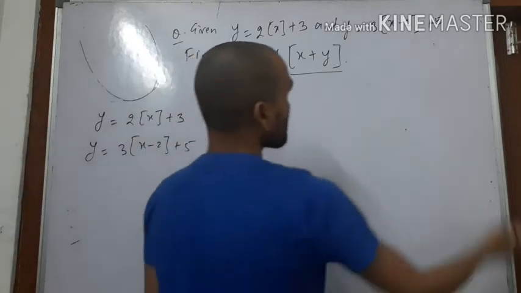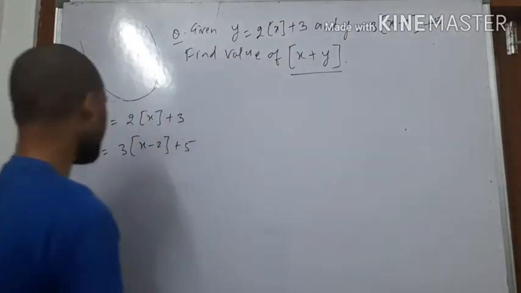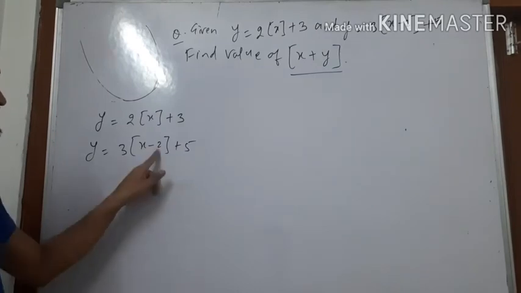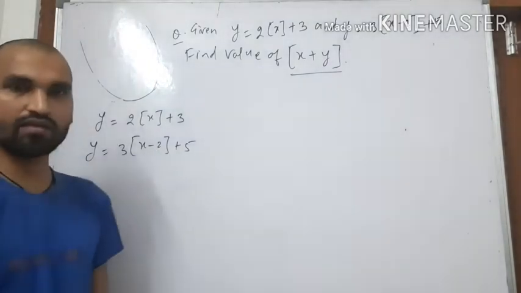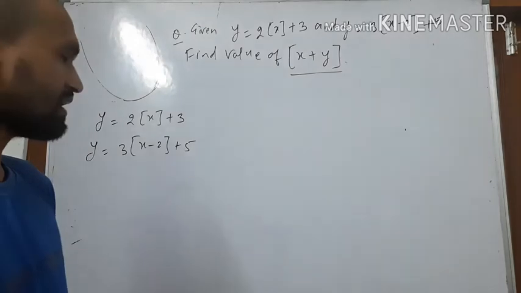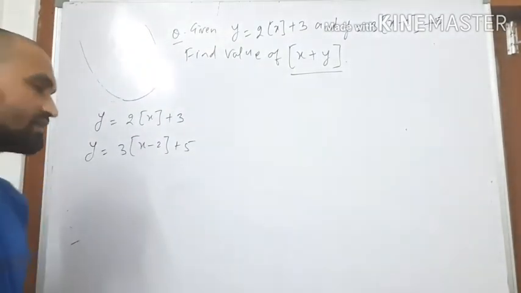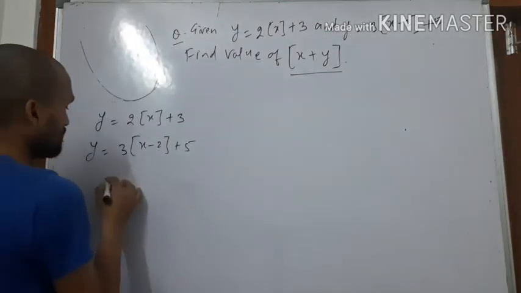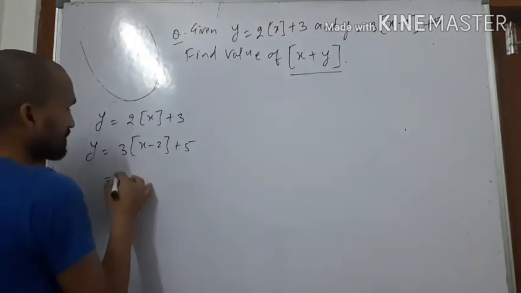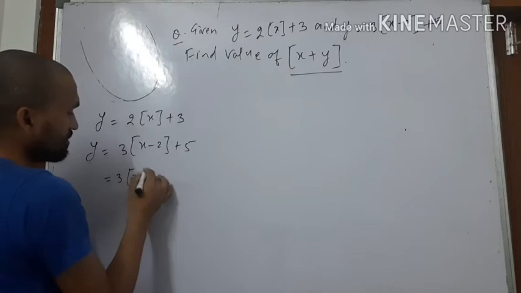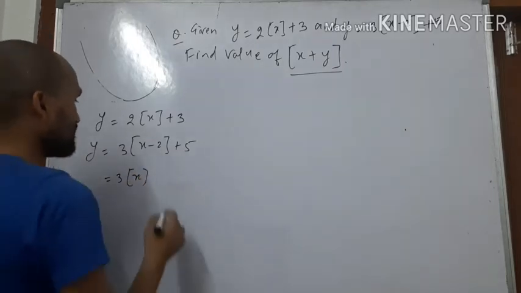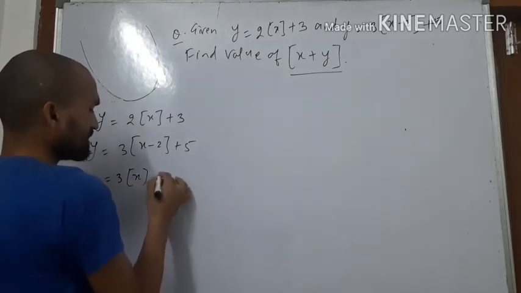So this can be simplified. Minus 2 is an integer. We know that any integer part can be taken out from the sign of greatest integer. So here we should take the minus 2 outside of the greatest integer.